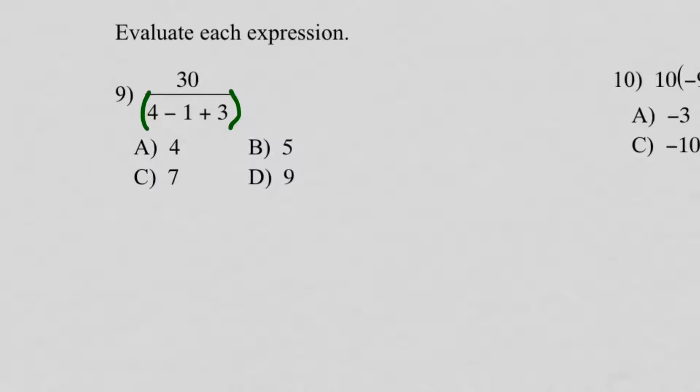In other words, if there are multiple things happening in the numerator or denominator, we need to take care of them first before we do the rest of the question. So you should, from left to right, do 4 subtract 1, add 3 before you continue with the rest of the question. And this will apply to anything in a fraction that has multiple parts. Okay, so remember that those invisible brackets are there.